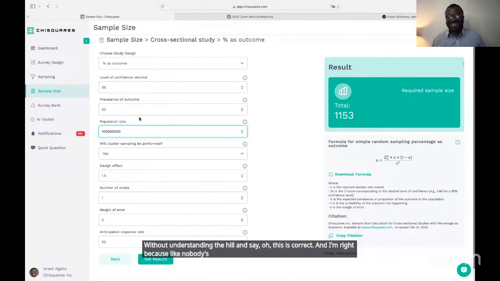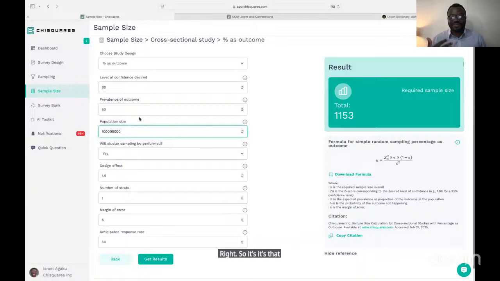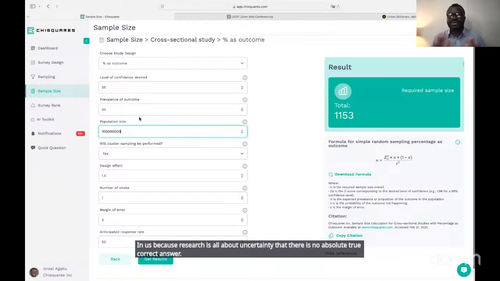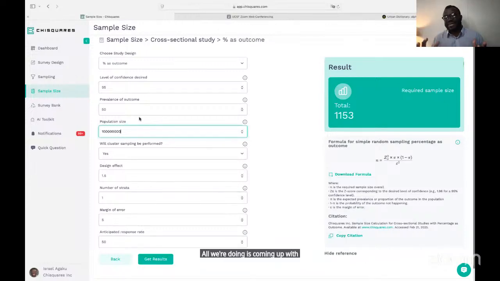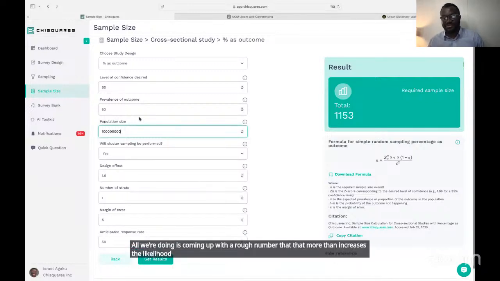We're all wrong. Research is all about uncertainty, and there is no absolutely true correct answer. All we are doing is coming up with a rough number that increases the likelihood that we're going to get what we want, right?